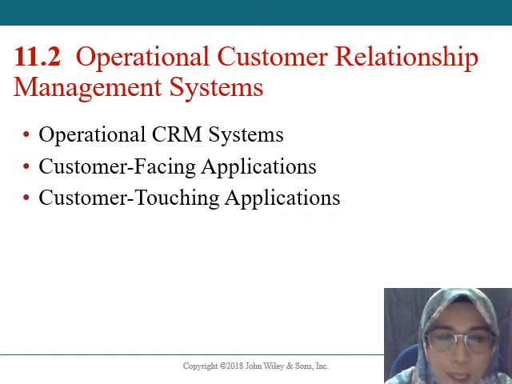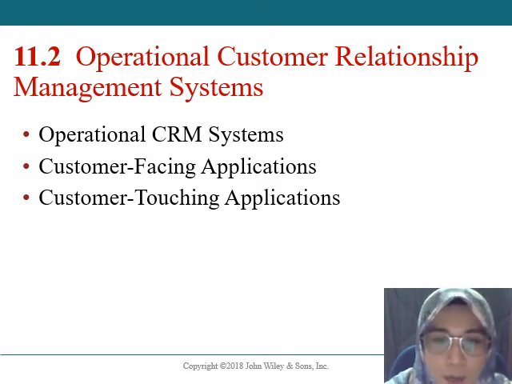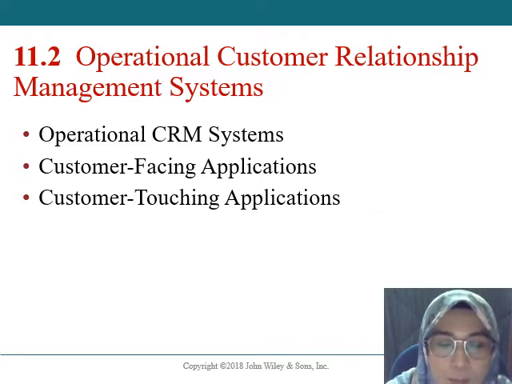Okay, so let's go to the second subtopic, the operational customer relationship management system. So this subtopic will focus on the operational CRM system, customer facing application system, and customer touching application system. So the operational CRM system is actually a system that supports the front office business processes. Front office is processes that directly interact with the customer.